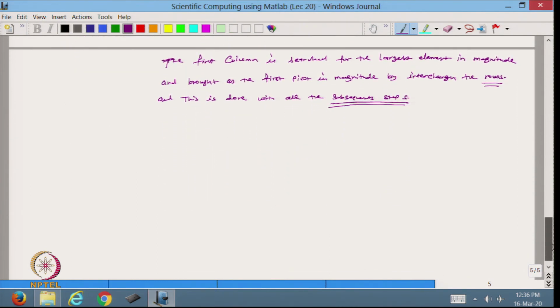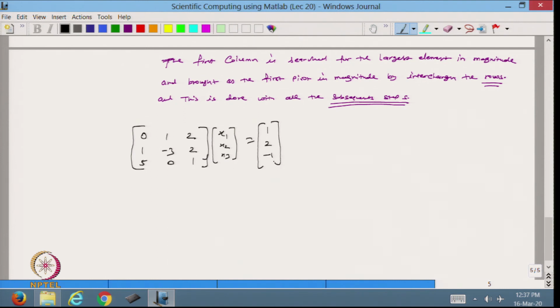So, in this case what will happen? Suppose somebody gives me a system like this: 0, 1, 2; 1, 5, and then maybe -3, 2, 0, 1, okay. And somebody asks me to solve this system, x1, x2, x3 equal to maybe 1, 2, -1. If I want to apply the Gauss elimination, then this element is 0.